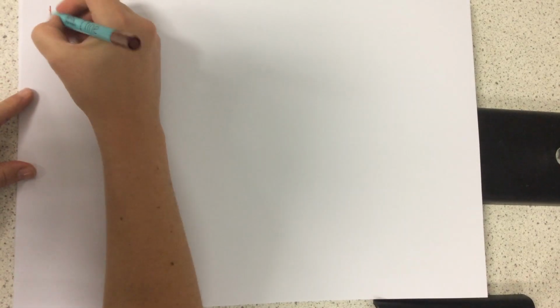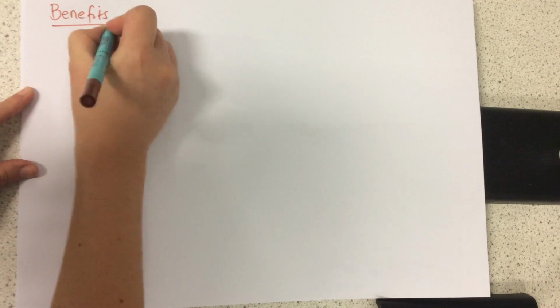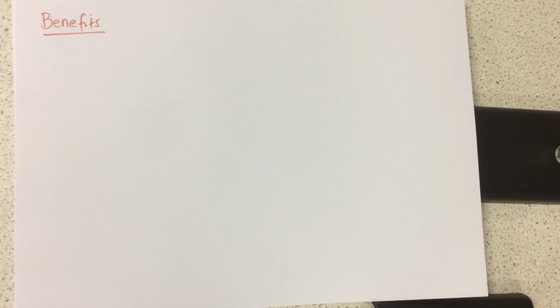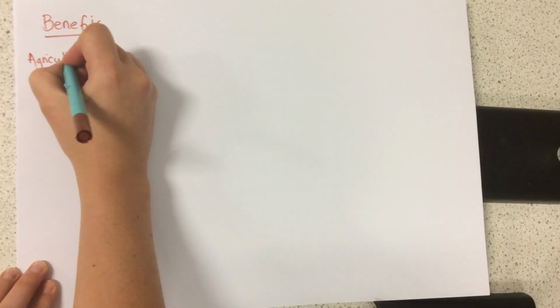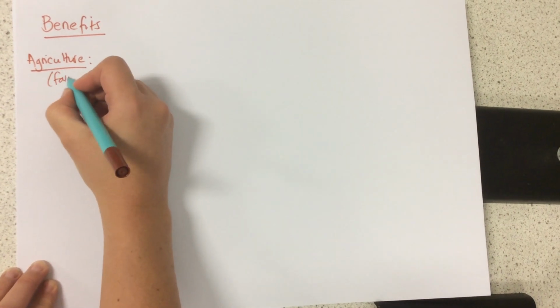Okay, so we're going to start off by just looking first of all at the benefits. For example, the first thing is going to be in agriculture, so farming essentially.